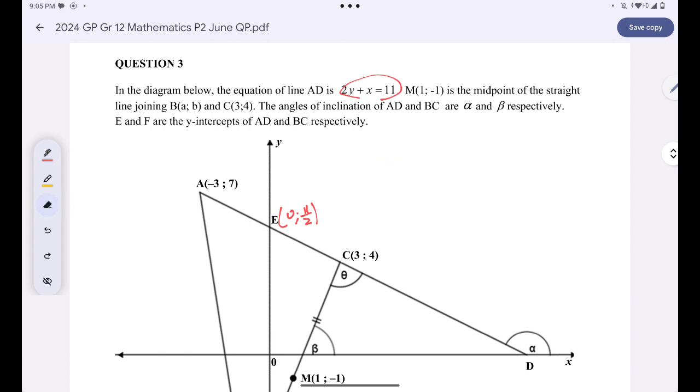Let me write this one there on top. This can also be written as y is equal to negative 2x.